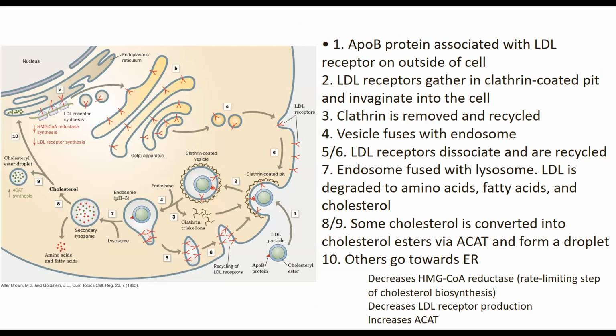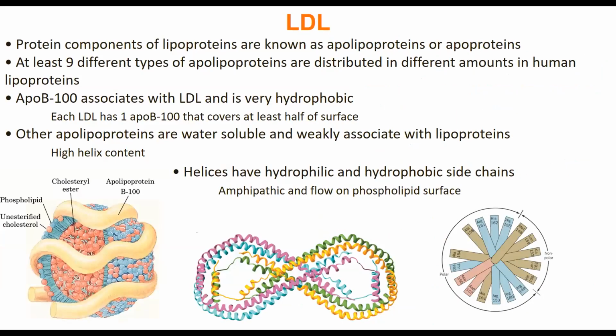So let's actually talk about the LDL molecule itself a little bit more in depth. It's made out of more or less a few components. Let me get my actual pen out here. So you have a protein component, which we call the apolipoprotein. You have your cholesterol, and then you have some phospholipids.